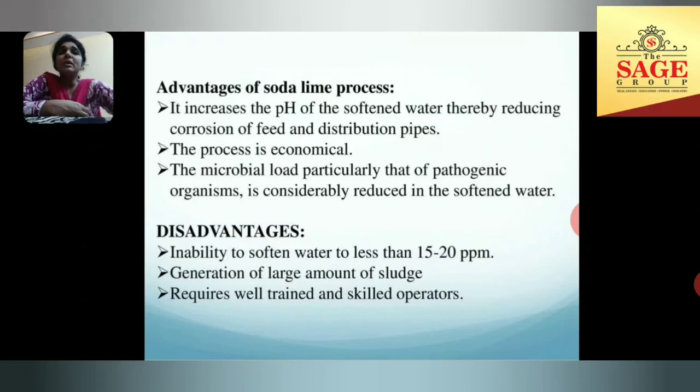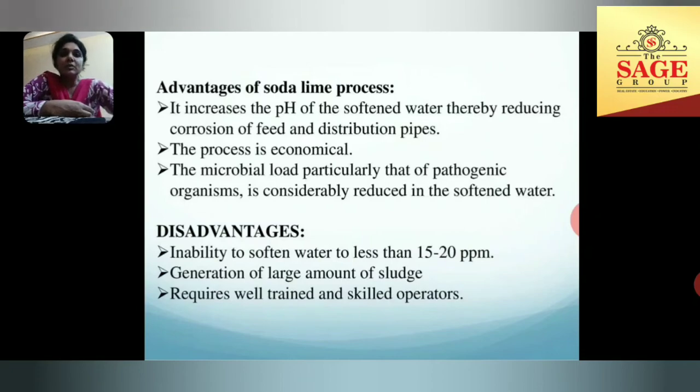The next important thing is that the microbial load, particularly that of pathogenic organisms, is also reduced due to the basic nature of water. And one of the most important things about this process is that the water is softened up to near about 30 ppm hardness. The residual hardness left is near about 30 ppm, so a lot of hardness is reduced in this method.